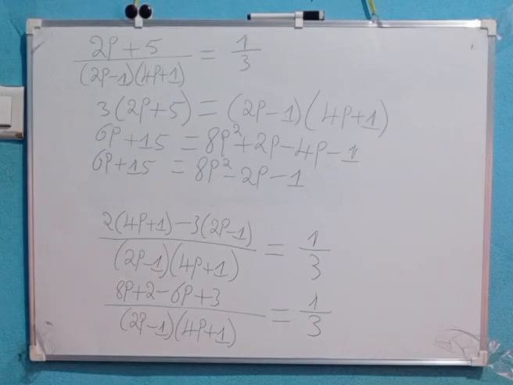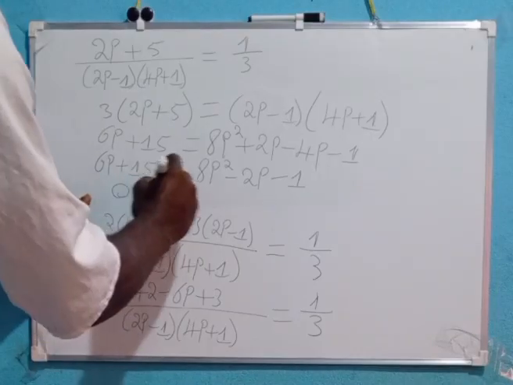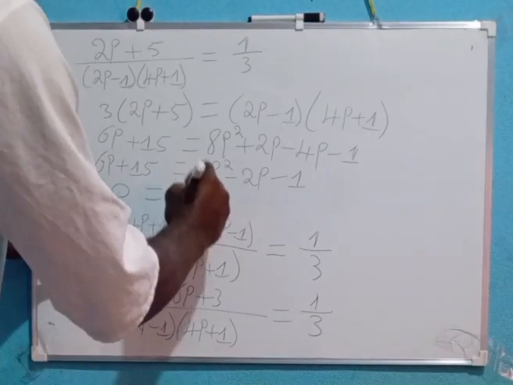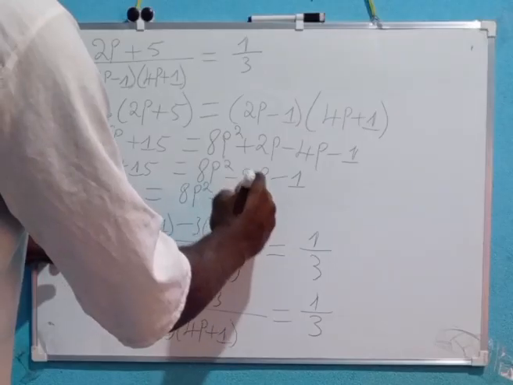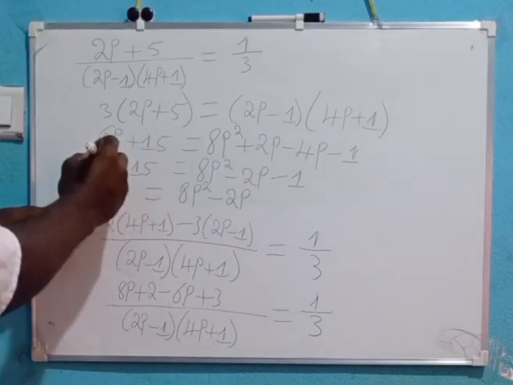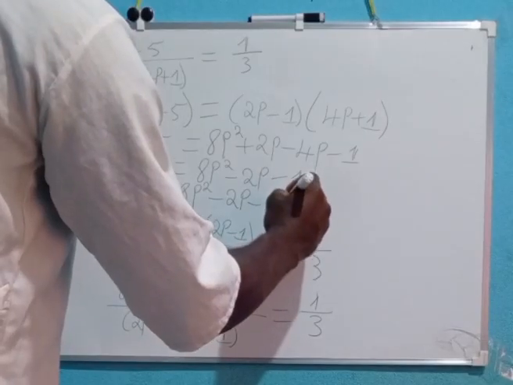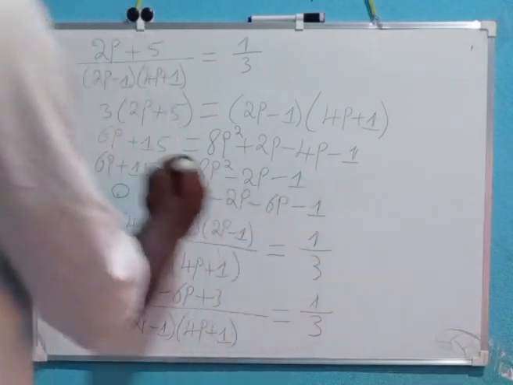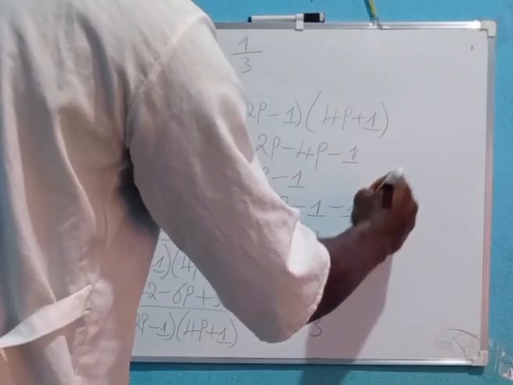Next step, we are going to transfer all what we have at the left hand side to the right. We'll be left with 0 equal to 8p squared minus 2p. When 6p crosses to the right, it becomes negative 6p minus 1. When 15 crosses to the right, it becomes negative 15.